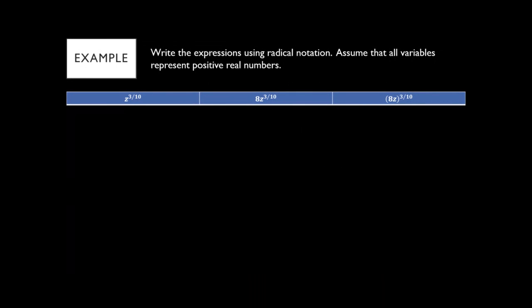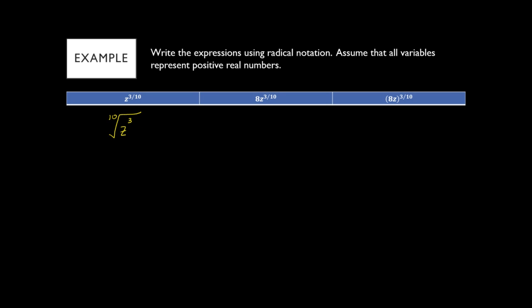So for z to the 3/10 power, when I'm just rewriting and I'm not trying to simplify, I will do the z cubed and then do the 10th root. So if I'm not trying to simplify, I will convert it this way. It's where I'm trying to simplify that I will write it differently.